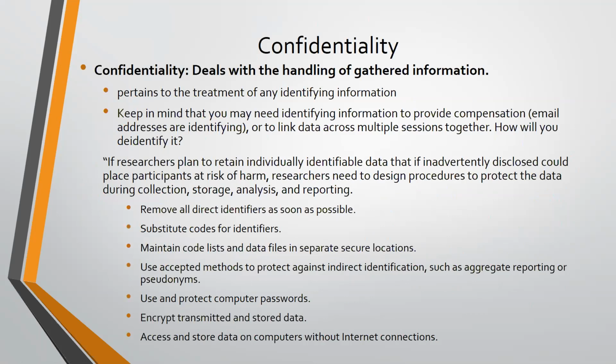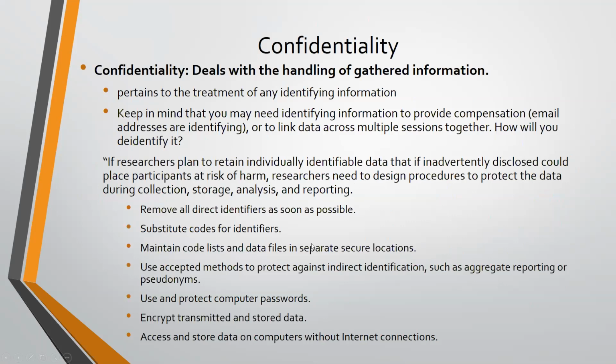And private information, again, if you remember back to when we disclosed private, is anything that is associated with their personal identification and that would reasonably be expected that not everyone else has that information. If that happens, which most of you guys are going to have, researchers need to design procedures to protect the data during collection, storage, analysis, and reporting.